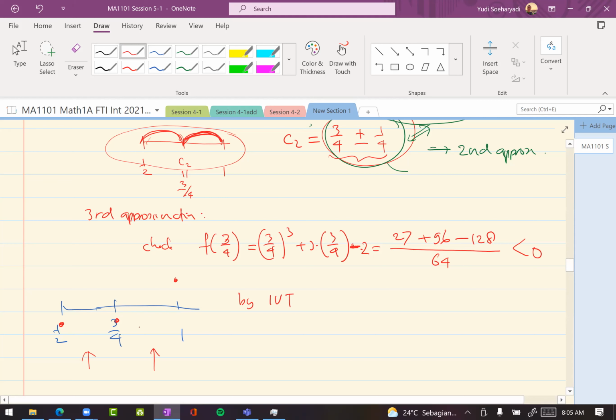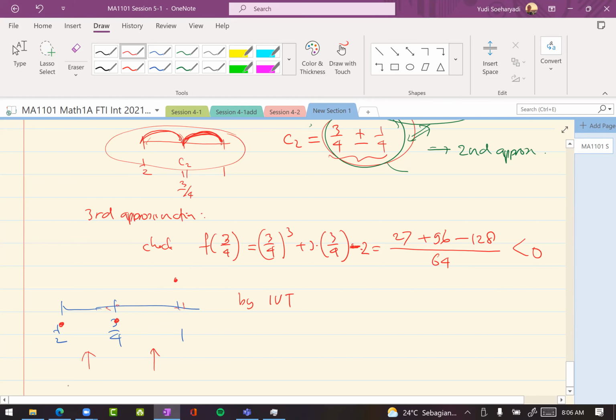So just guessing these two, where must c3 be located? Between 1/2 and 3/4, or between 3/4 and 1? It must be between 3/4 and 1, because we must have different signs. If different signs, then you have to cross the x-axis to connect them.